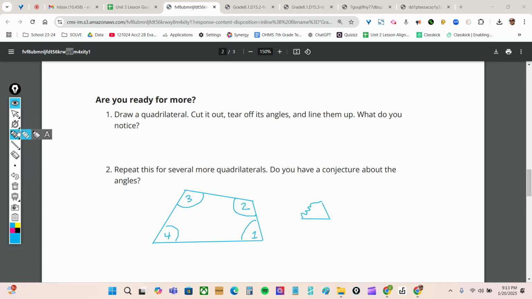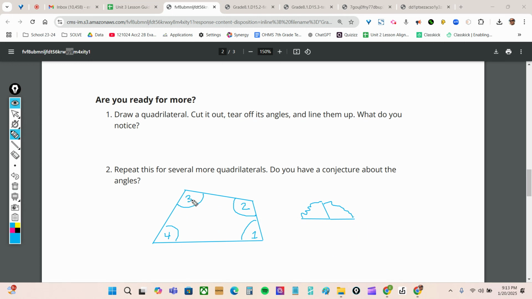Next you're going to take angle 2, which is going to look something like this. Let's try it again. It's going to look something like this.